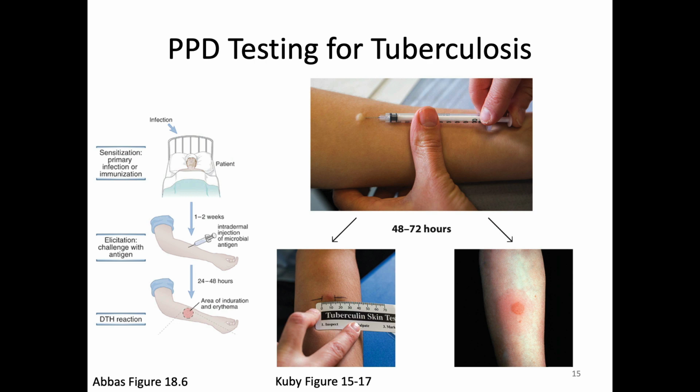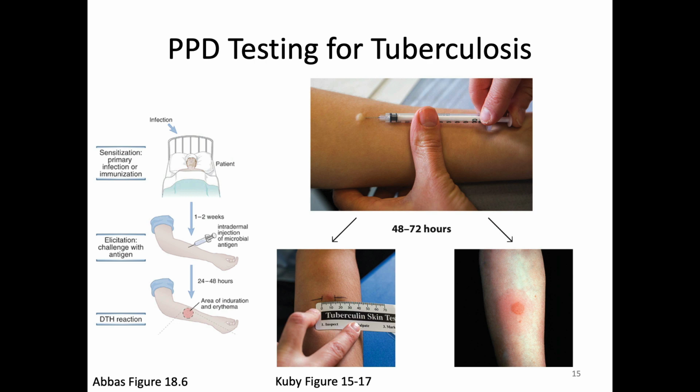But what we can do is take purified antigen from a mycobacteria, from a bacteria in this class, and inject a little bit under the skin. If all your T cells are naive, you're not going to have a DTH response in 48 to 72 hours. If, however, you already had Th1 cells, you are going to have a reaction to this.